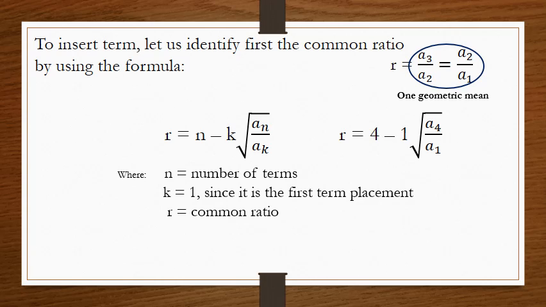Example, kung hahanap tayo ng apat na terms, 4 ang gagamitin natin sa number of terms. Then, of course, k is 1. So, the fourth term divided by the first term.